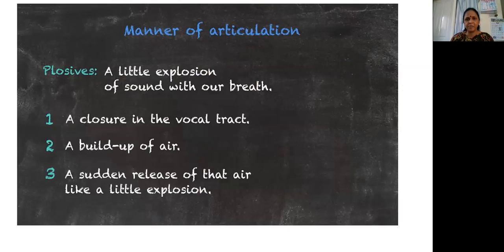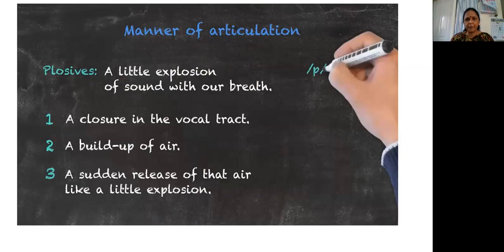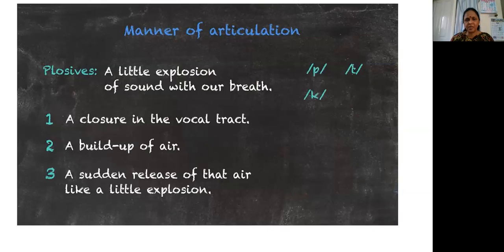Examples are P, B, T, D, K, and G. Again, we have a closure in the vocal tract, a buildup of air, and a sudden release.